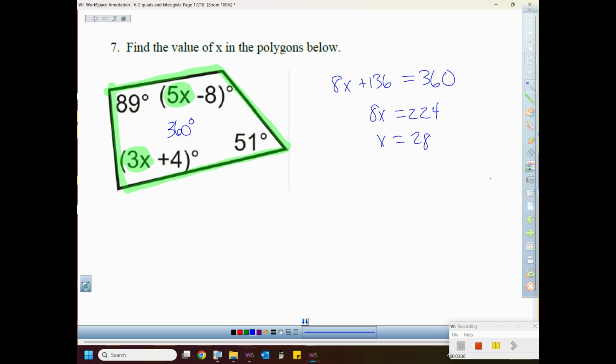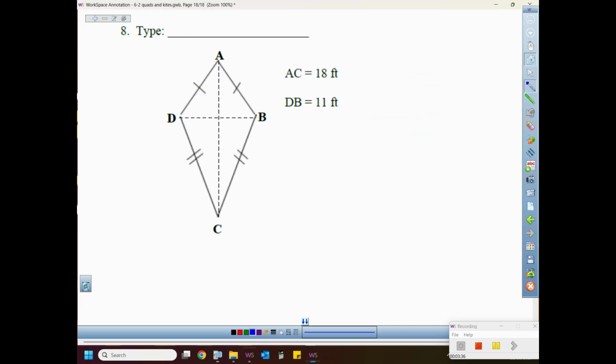So that was just a quadrilateral, right? So if he's convex, all four angles will add up to be 360. And then finally, they ask us to find the area of this shape, even though they didn't actually tell us to find the area in the instructions. We've got to recognize the type. This is a kite. And then his formula is, according to the yellow card, 1/2 diagonal 1 times diagonal 2.